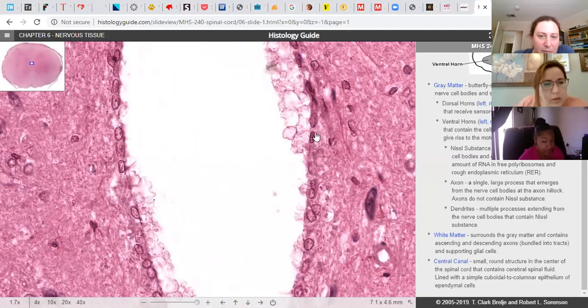They're only in one place, and they're easy to see because there's a lumen. I enjoy them. This isn't actually the best slide I've seen of them, but these big guys are the ependymal cells. That's why I picked this particular website, because it gives you all the information you need to easily identify things.